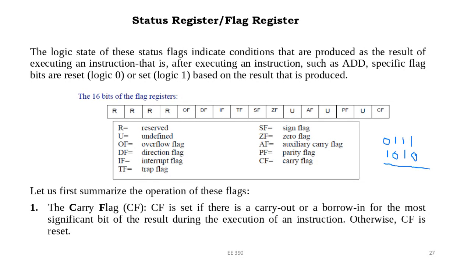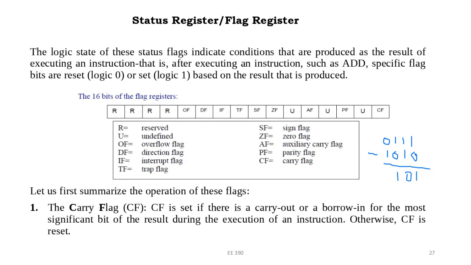If you do the subtraction, what will happen? 7 minus 10 is definitely minus 3. That means if a bigger number is subtracted from a lower number, there will be a borrow in the MSB bit. How did it happen? 1 minus 0 is 1. Then 1 minus 1 is 0. And 1 minus 0 is 1.